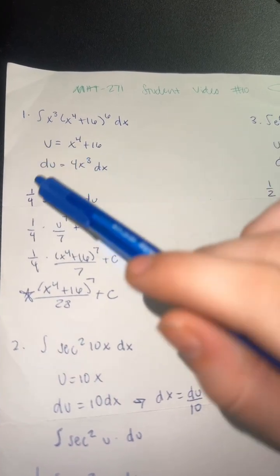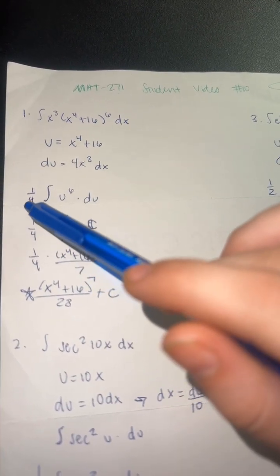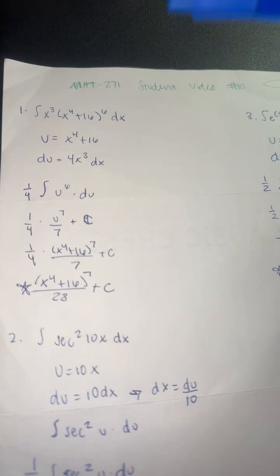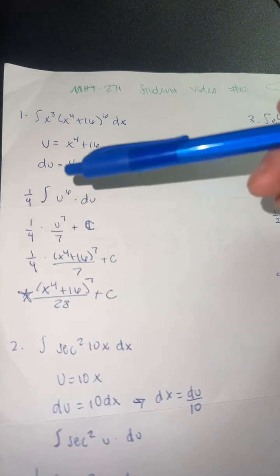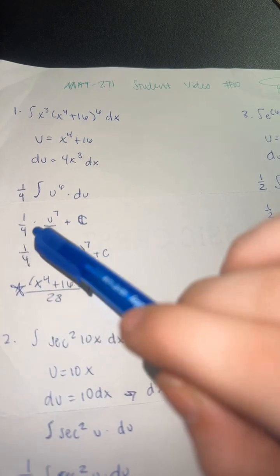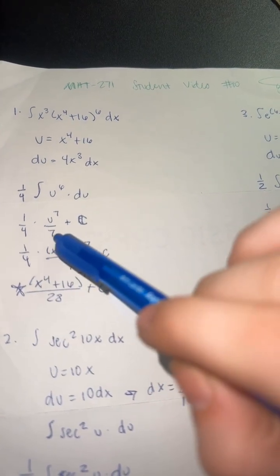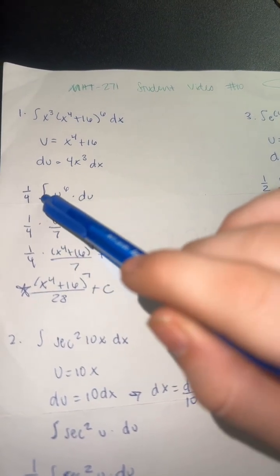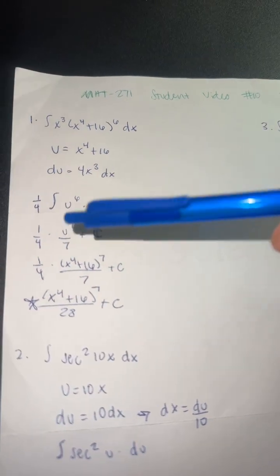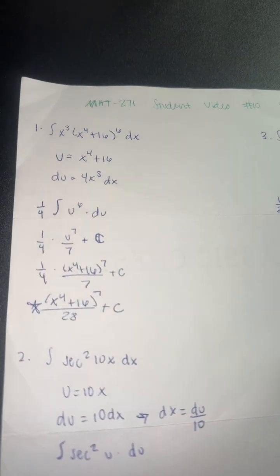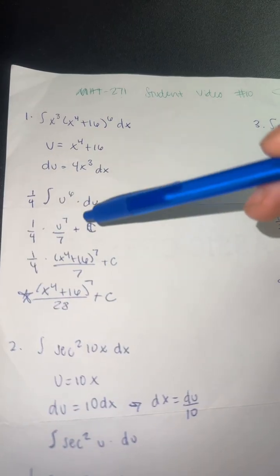So we're multiplying by 1/4 so that it can all be even if you were to go back through and undo your work. So you have 1/4 times the antiderivative of what's inside the integral sign: 1/4 times u to the 7th over 7 plus c.